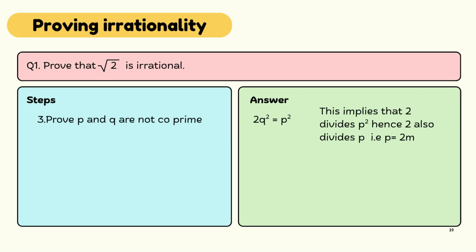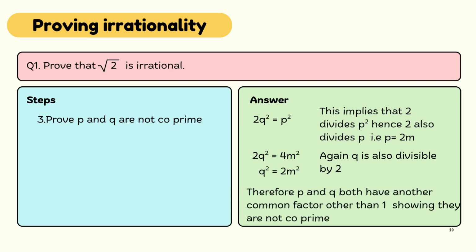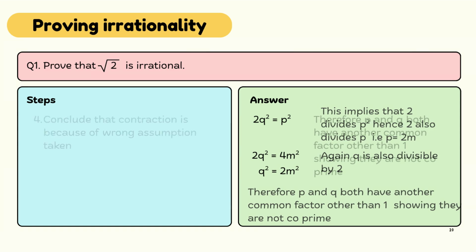So let us say p is equal to 2m. If I substitute that in p square, I will get 2q square equals 4m square. Again, q is also divisible by 2 because q square is equal to 2m square, and if 2 is dividing q square, it can divide q. Therefore, p and q both have another common factor other than 1, showing that they are not co-prime.